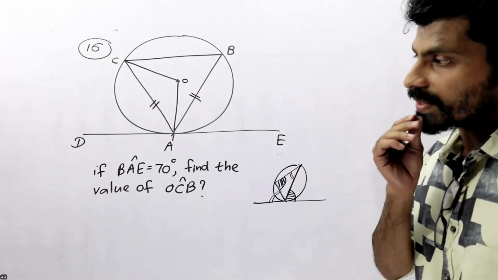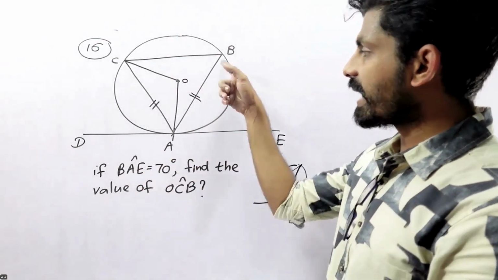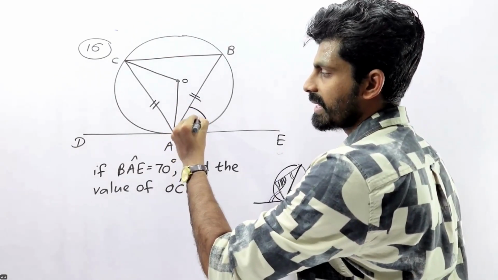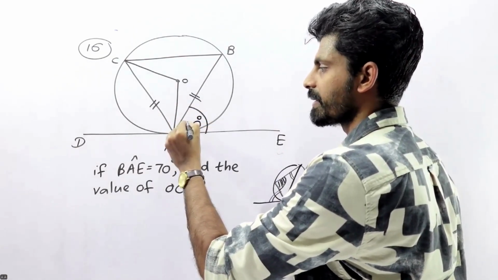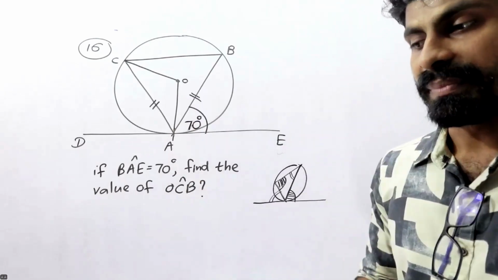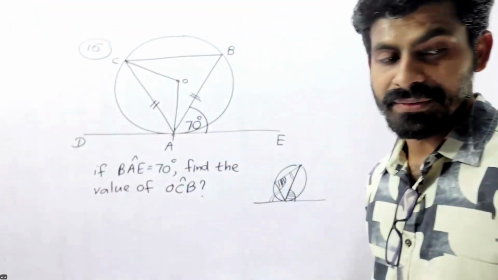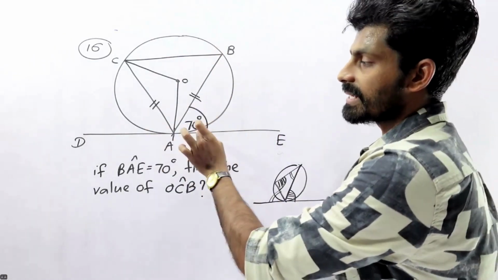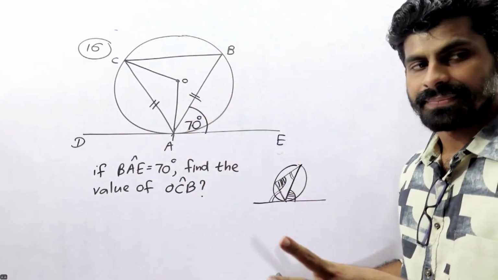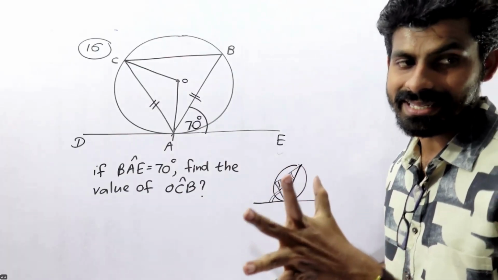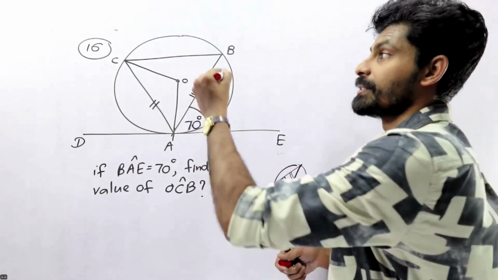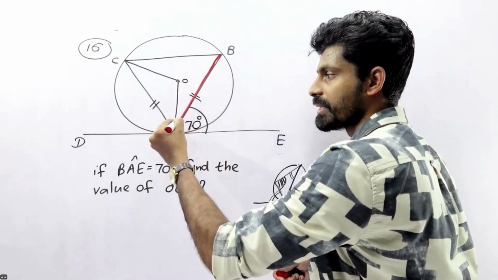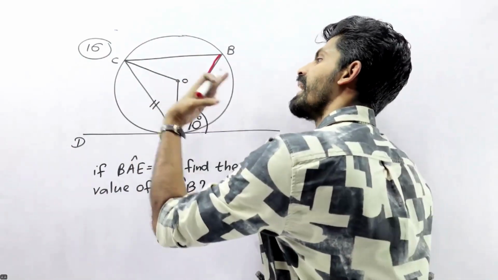According to that theorem, BAE equals 70. So this is the chord. What is the opposite angle?